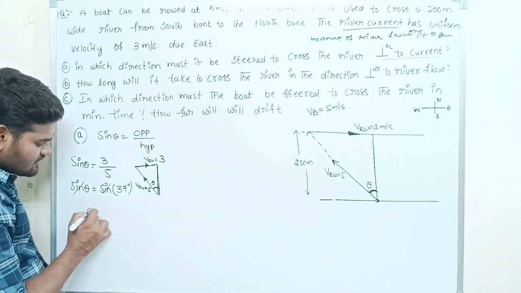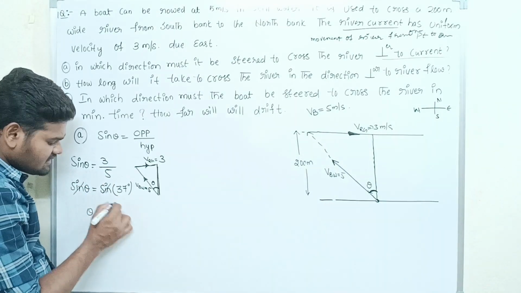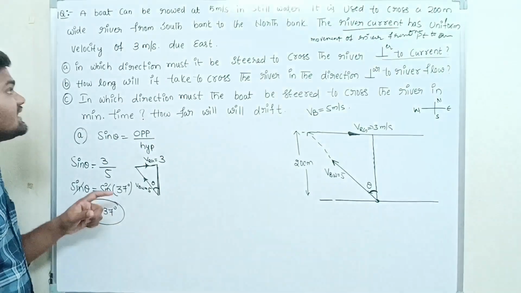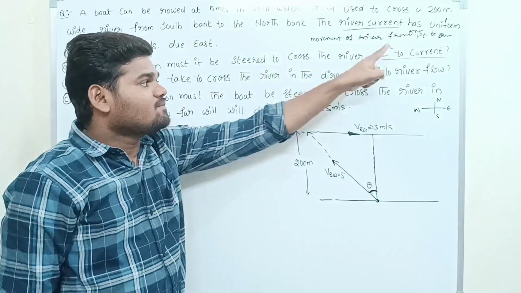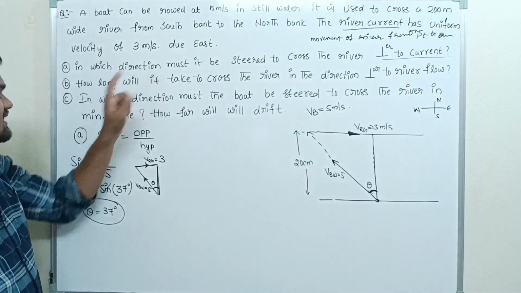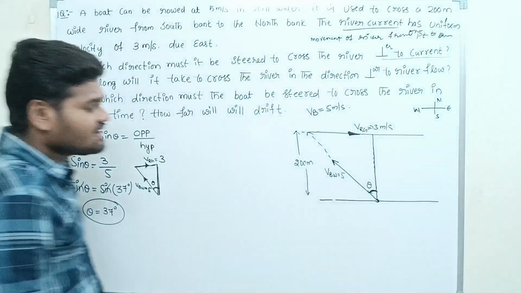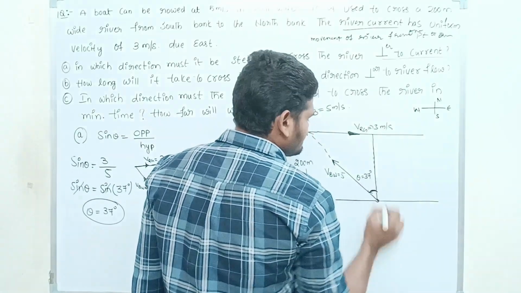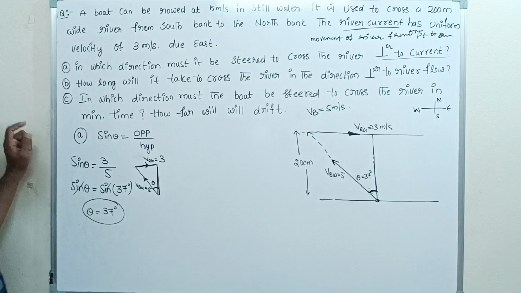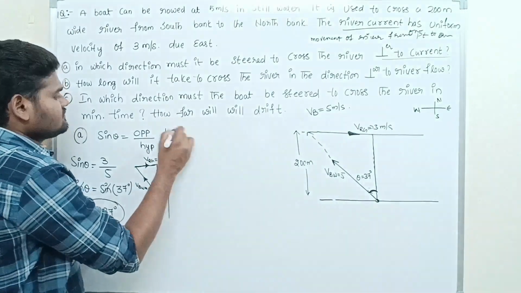So sine cancels out and we got theta is equal to 37 degrees. From this it is clear that the boat must be steered to cross the river perpendicular to the current at 37 degrees. So we got theta is equal to 37 degrees.